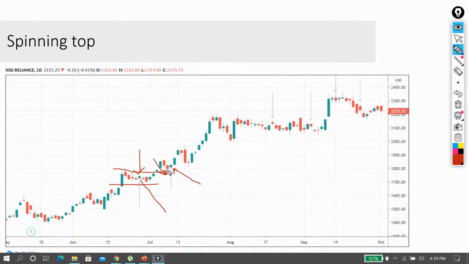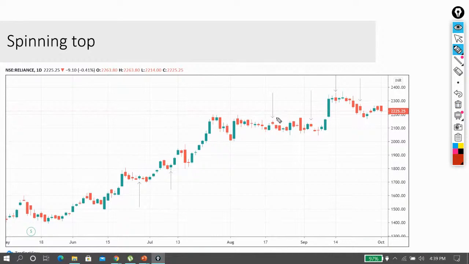The price did not sustain at lows. It bounced from here. Why will it bounce when there are buyers, right? And it closed closer to the high rather than the low. So there is a buying pressure that has come in here. And above this candle, this stock was a buy. And you can see 2 days of rally, right?